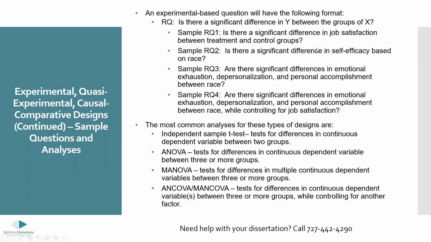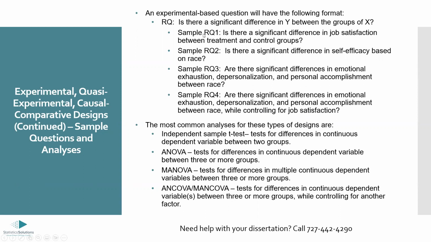Is there a significant difference in job satisfaction between treatment and control? Is there a significant difference in self-efficacy based on race? RQ3 is similar to the first one, but we're just adding additional dependent variables. And then the fourth one, all we're doing that's different is we're adding a control variable.